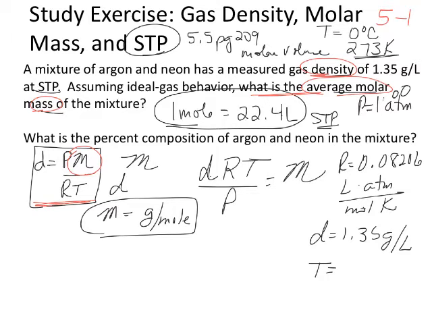Temperature, well, they said STP. So your temperature is going to be 273 Kelvin, and your pressure is going to be 1.00 atmosphere.